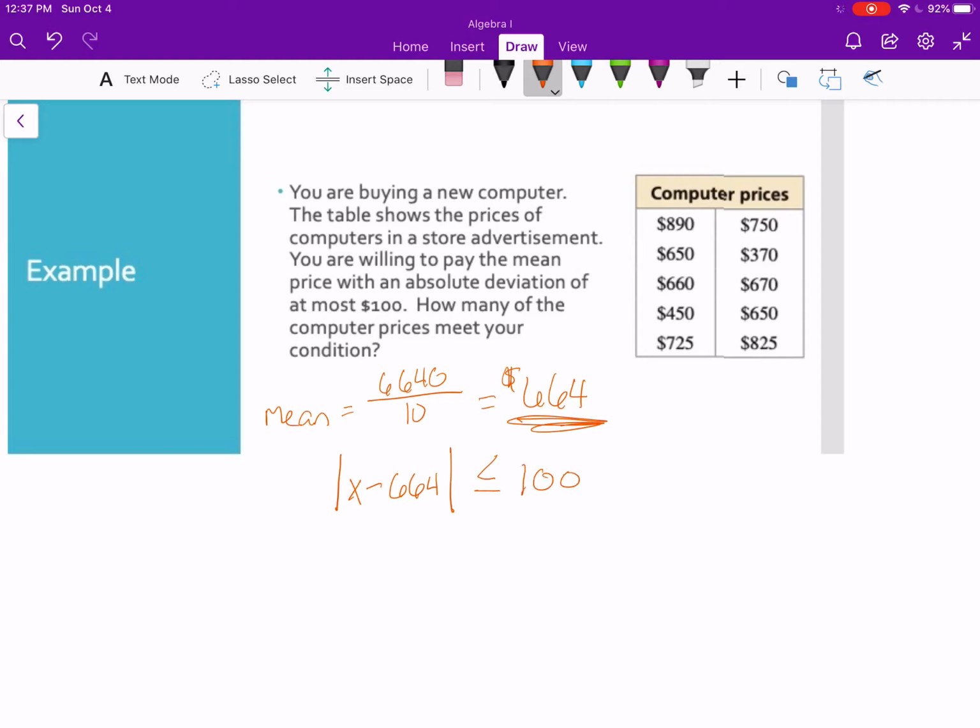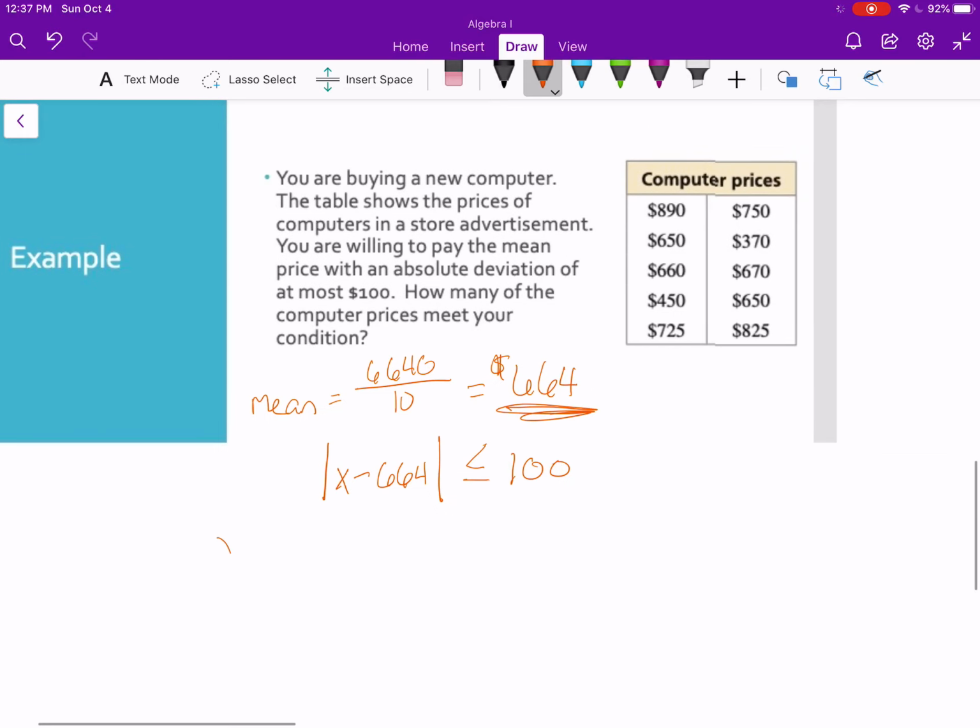And now we have an absolute value inequality, so we can split it up. So x minus 664 is less than or equal to 100. And this is a less than problem, so it's going to be and x minus 664 is greater than or equal to negative 100. Go ahead and solve both of them.